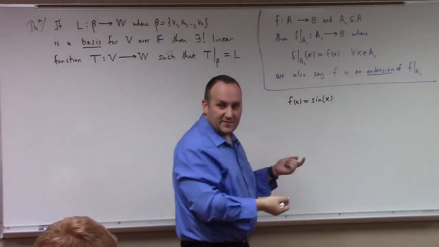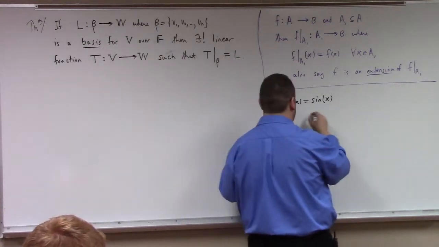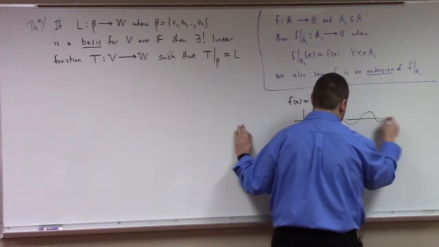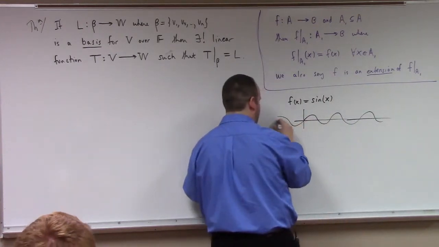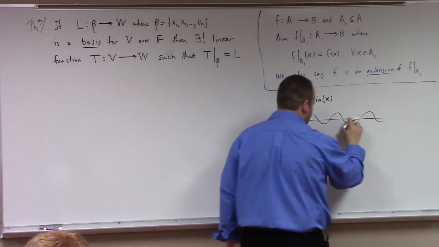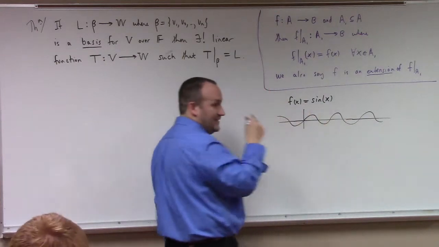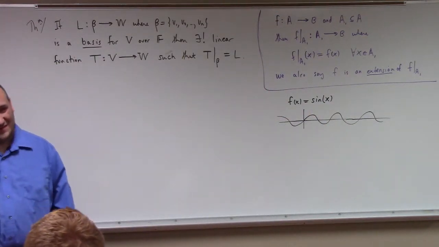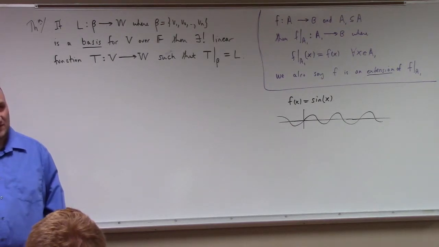Does this have an inverse? Well, if you take the natural domain to be all reals, not only does it fail the horizontal line test, it fails it rather epically. You pick a horizontal line that intersects the range, you've got not one, not two, infinitely many points of intersection, right?